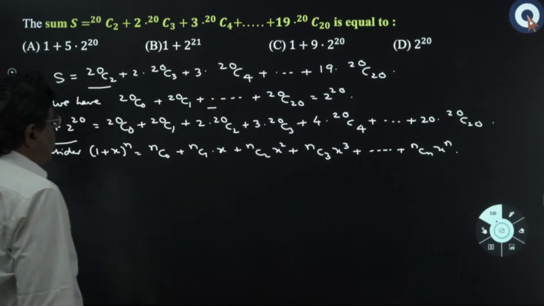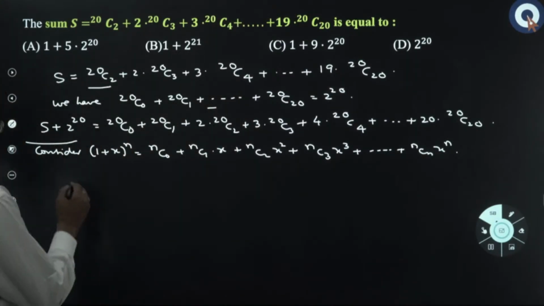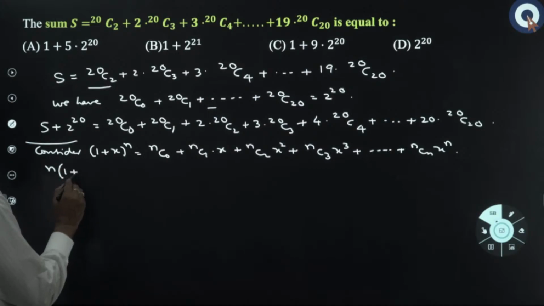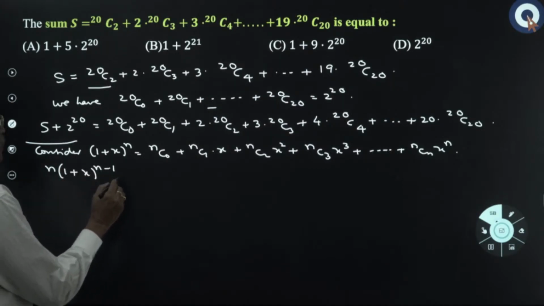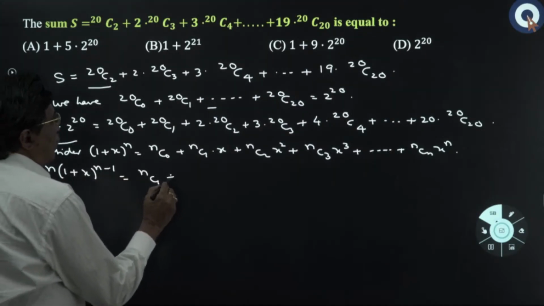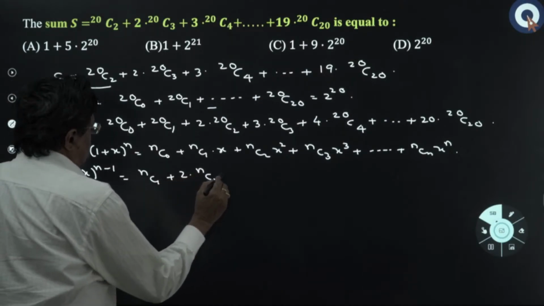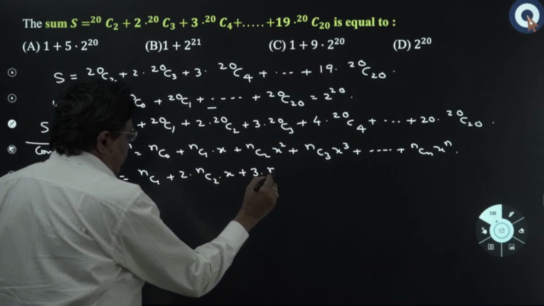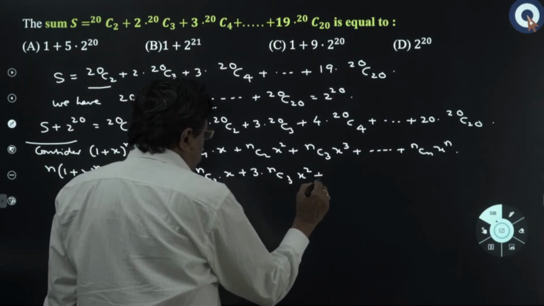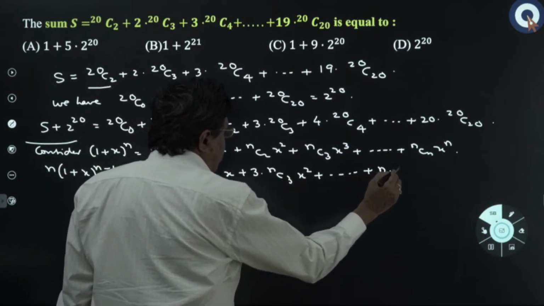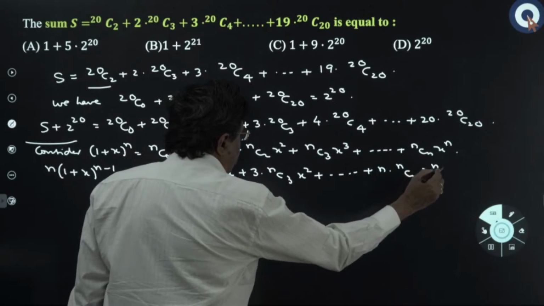Now, if I differentiate this with respect to x, I get n into (1+x) whole power n minus 1 is equal to nC1 plus 2 into nC2 x plus 3 into nC3 x square plus so on plus n into nCn x power n minus 1.